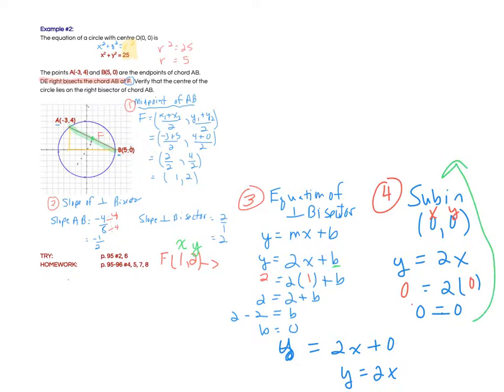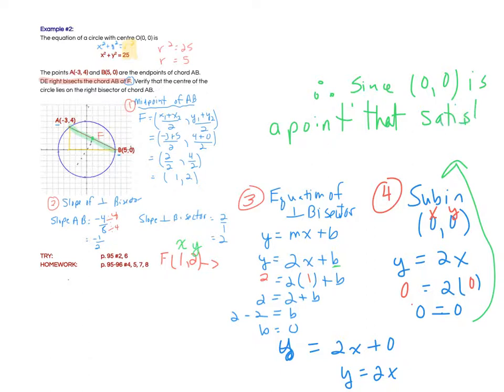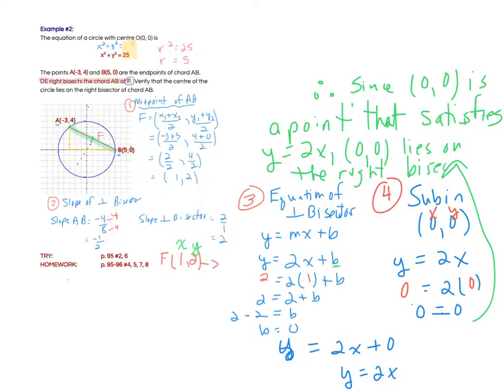So since 0 equals 0, I can say definitively, therefore, since 0, 0 is a point that satisfies y equals 2x, 0, 0 lies on the right bisector of chord AB.